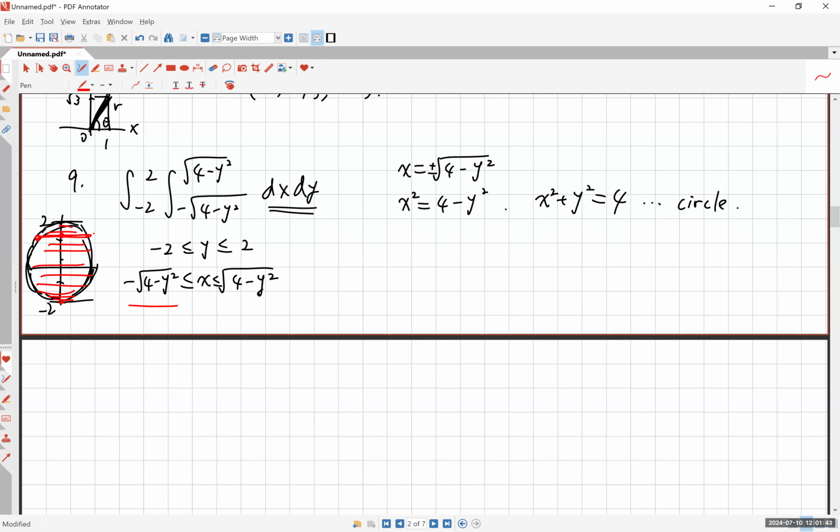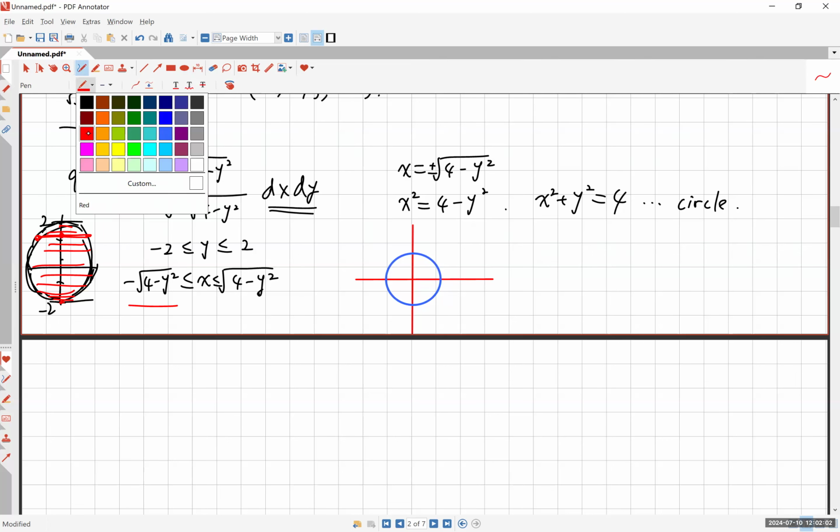The answer is going to be something like this. You want to sketch these correctly, and so I will try to do this. It's nice to have these computerized drawing tools, but you don't have to.